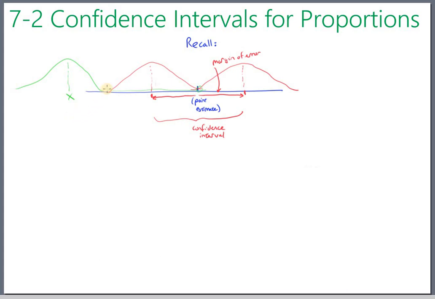But really we want to say, what's the difference between a red curve and a green curve? The way I've drawn them right now, it seems pretty obvious, but where's the breaking point between what we consider to be too crazy and not too crazy? And that break point is usually to say the outside 5%, what we consider unusual.